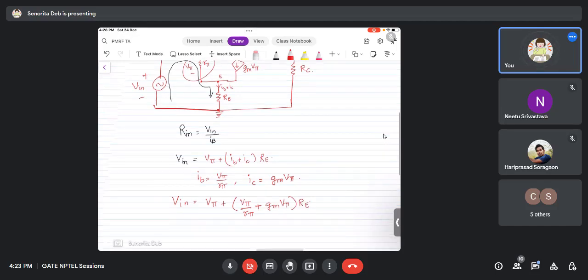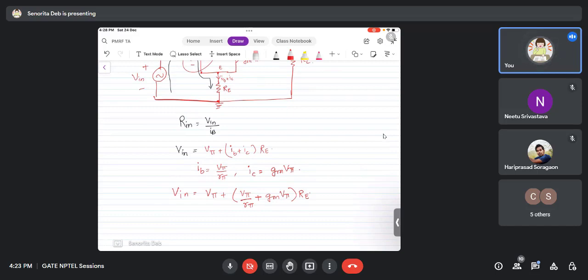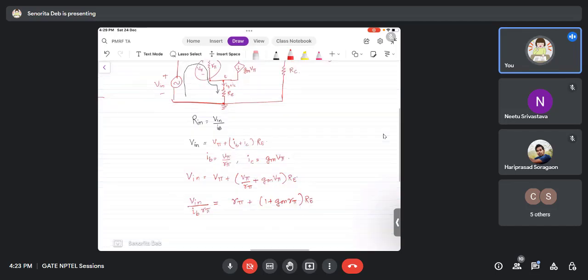Right? So now Vin upon IB, where V pi is IB R pi, equals R pi plus 1 plus GM R pi into RE, upon R pi.